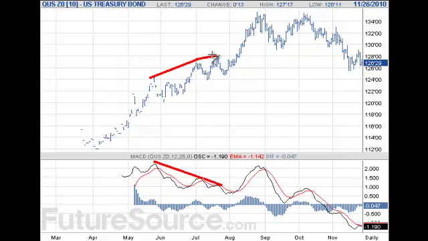Here's the important thing about divergences. When they fail, you're going to have losing trades, but when they break out to the upside, that is telling me that this market is strong enough, is still bullish, to shrug off any bearish divergence that we're getting.